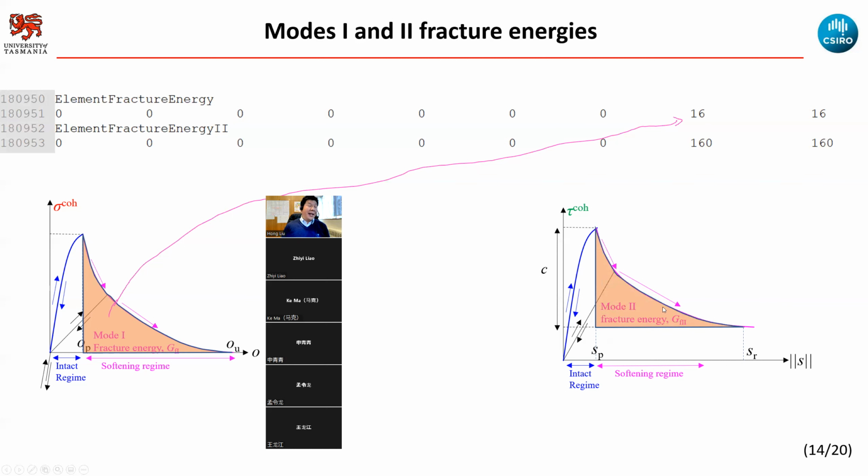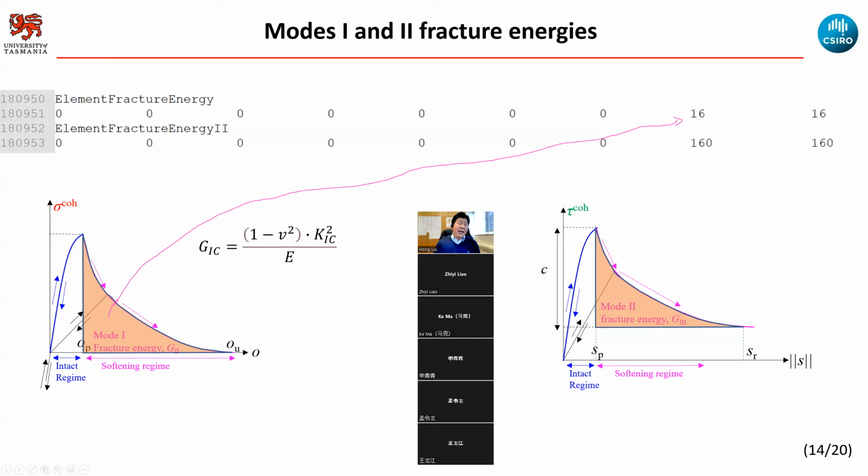In RFPA, actually, we regard this as the acoustic emission. So we require you to input this parameter. For this parameter, actually, we do not have a guideline on how to calculate it, especially for mode 2, G2.